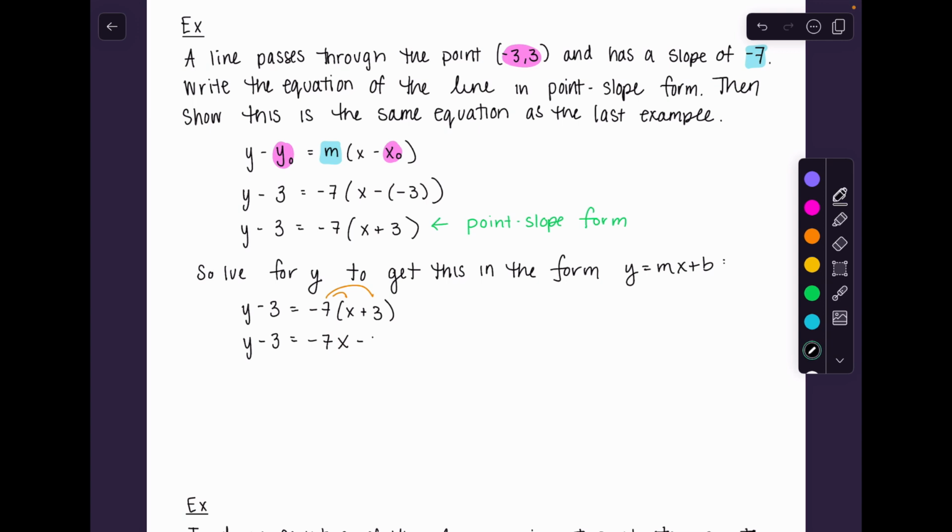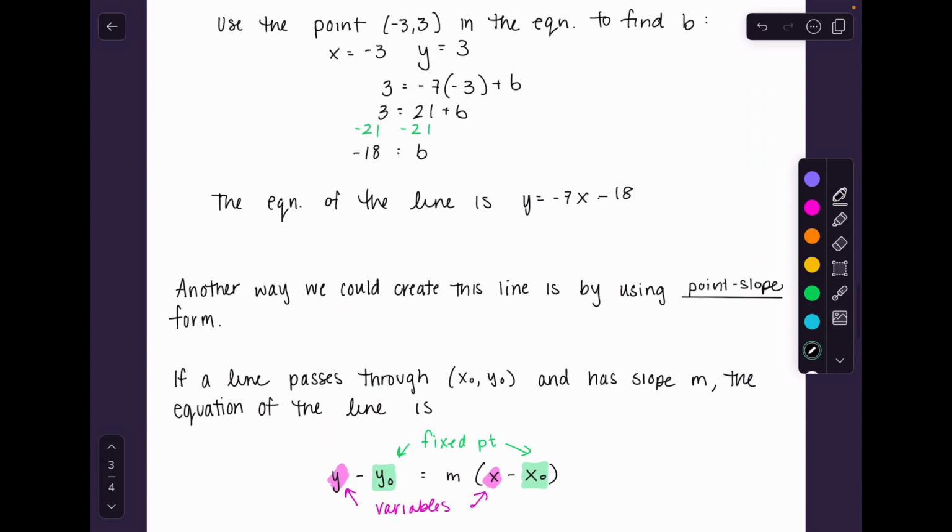So I'm going to skip that extra step. When you distribute it out, it becomes a -21. And then to solve for y, we go ahead and add 3 to both sides, and we get y equals -7x minus 18, okay? Which is exactly the same equation we came back up with over here.